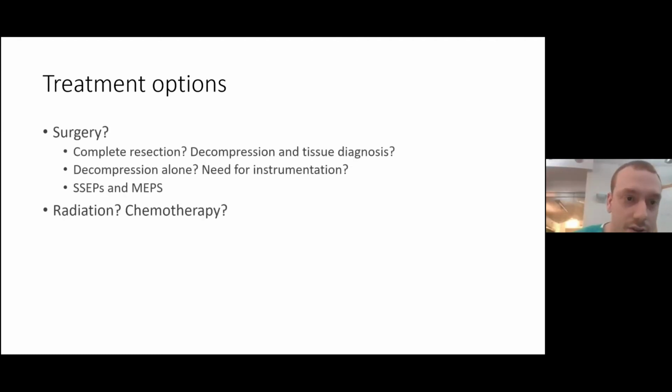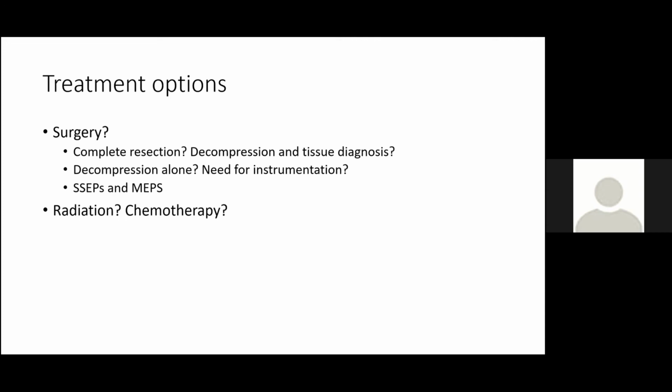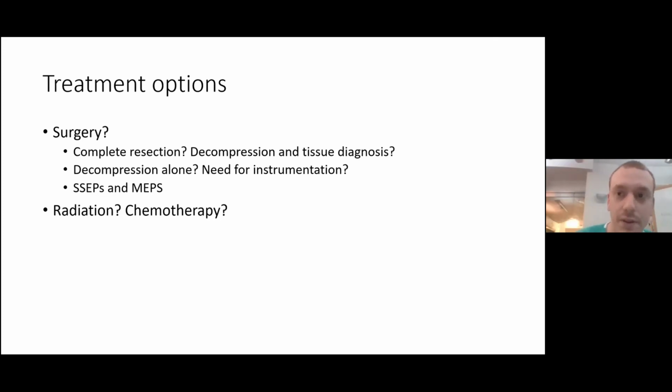Very good. Will you need instrumentation in this case? I don't think so. If you're just doing a 1 or 2 level laminectomy in the thoracic spine, as long as you don't have to go too far out to affect the joints, you'd be okay. You have the ribs to support. Very good. And then adjuvant treatment depends on the pathology. Perfect. Excellent. Good job.